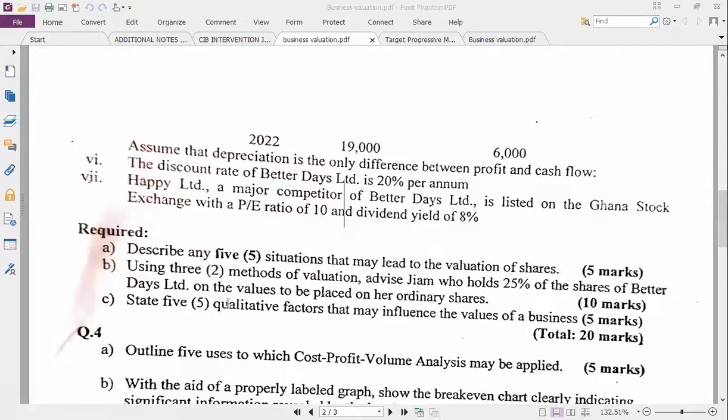The next question says, state 5 qualitative factors that may influence the value of a business. Wow. Qualitative factors, qualities, not quantitative, not numerical. No, give us features, give us attributes that may influence the values that we can obtain when we value a business.